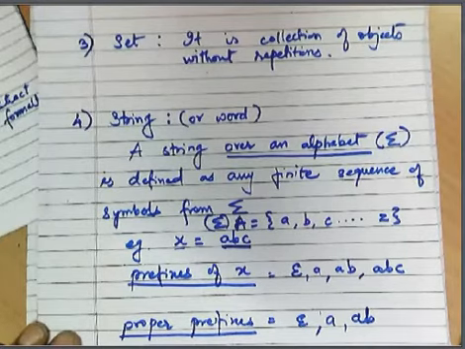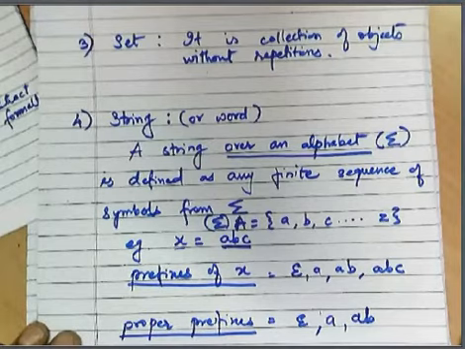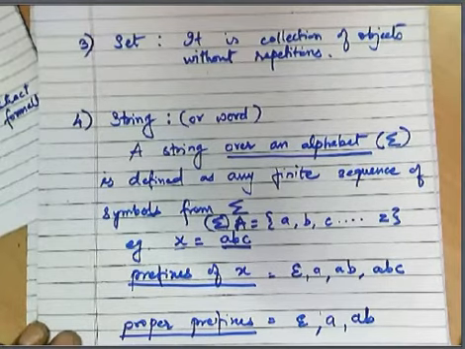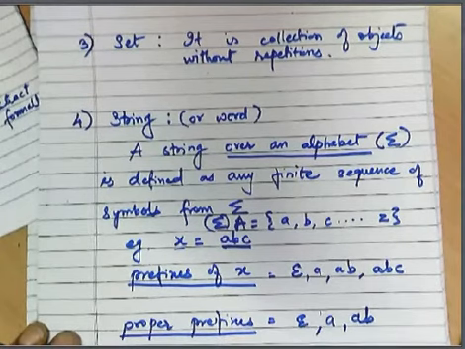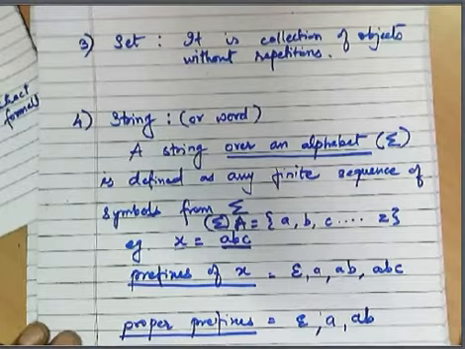If we want to define the suffixes, so suffixes will be what? Empty, C, BC and ABC.